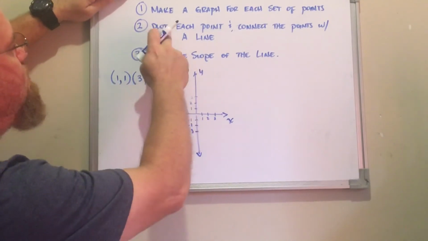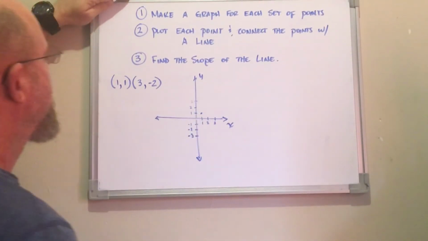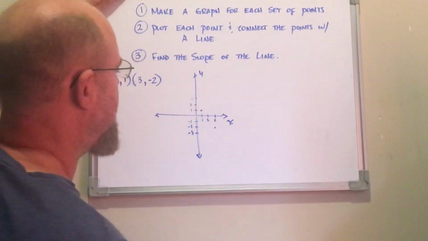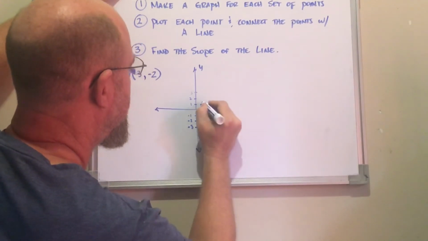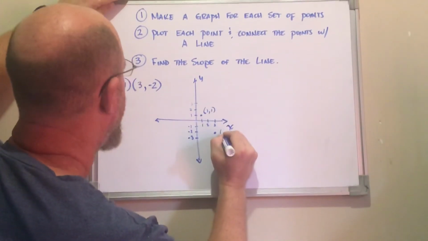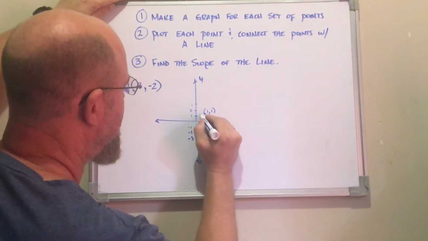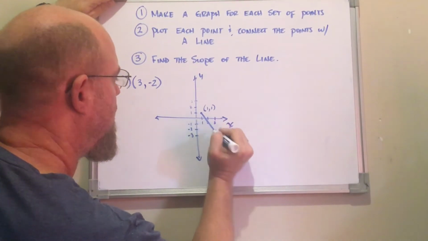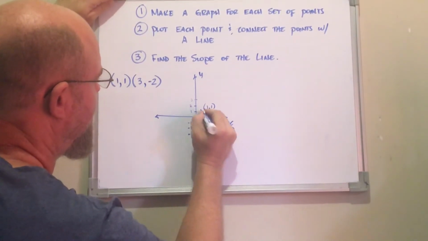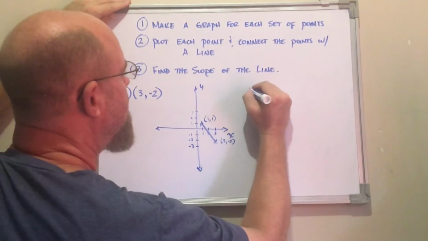I'm going to plot those points. So plot each one of these points. So 1, 1 is right here. 3, -2. 3, -2 is right here. All right. I'm going to label my points. And then I'm going to connect those 2 points. Okay? And that is a line that goes on forever.